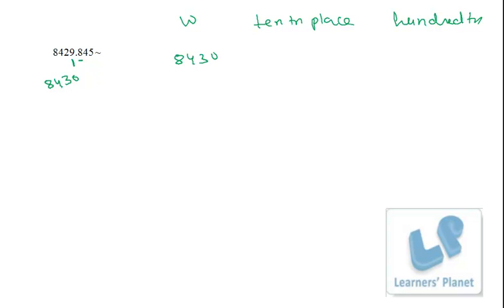Now nearest 10th place, see the second number after decimal, that is 4, which is less than 5, so this number will be as it is. Then nearest 100th place, see the third number after decimal, it is 5, so I add 1 to this number 4. So that's 5, 8, and this is 8, 4, 2, 9. So what we do, we check this number and we put it 0, or we don't write it.